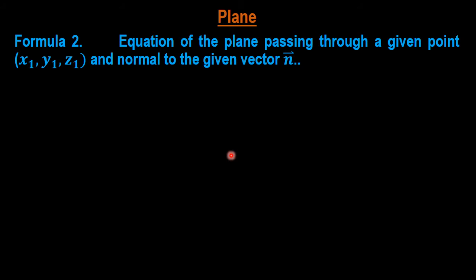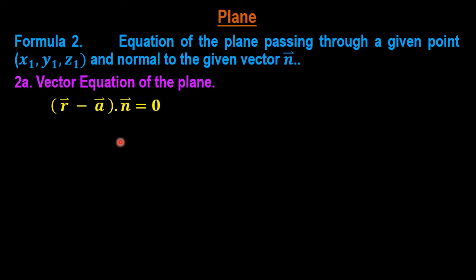Now the second formula is to find the equation of the plane passing through a given point x1, y1, z1 and normal to the given vector n. So if a point is given and a normal vector n is given, then how can we write the equation of the plane in vector form as well as in Cartesian form? So first let us write the equation of the plane in the vector form, and it is given by r vector minus a vector dot n vector equals to 0.